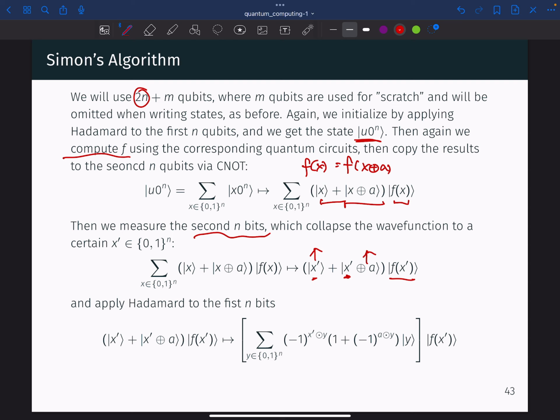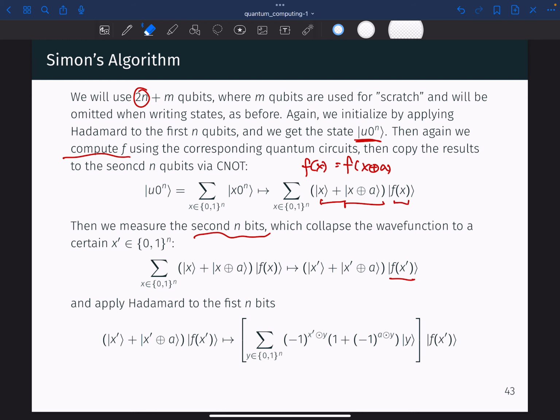So what we're going to do is apply the Hadamard operation again to the first n bit. I think I've mentioned this equation before.